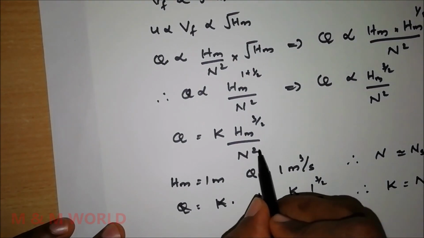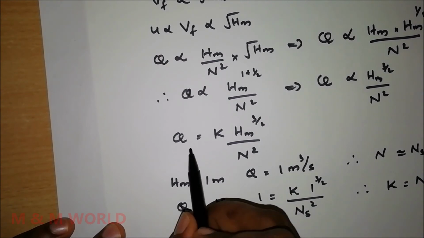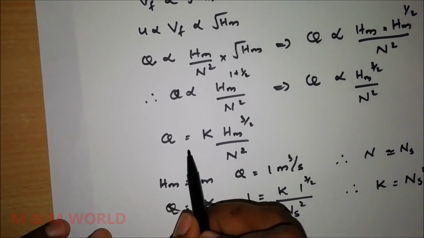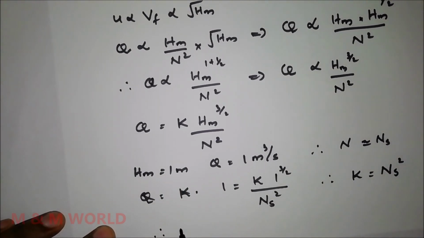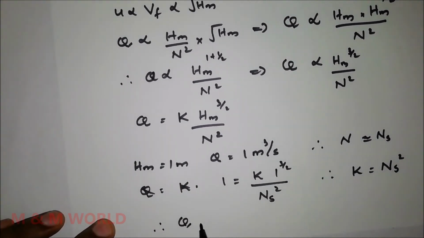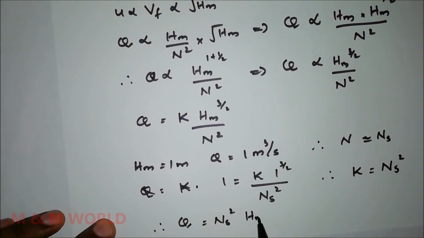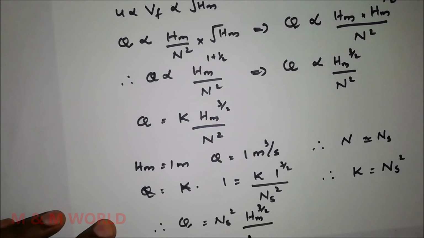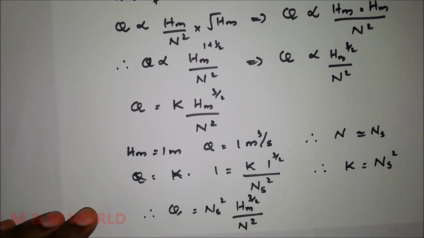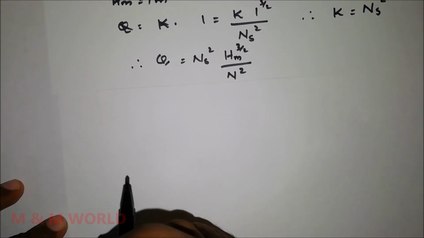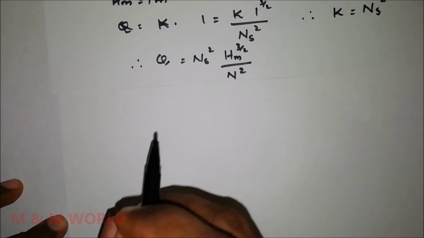Now substitute the value of K in this equation for Q. Therefore, Q is equal to Ns square into Hm raised to 3 by 2 by N square. So we need the equation for Ns.